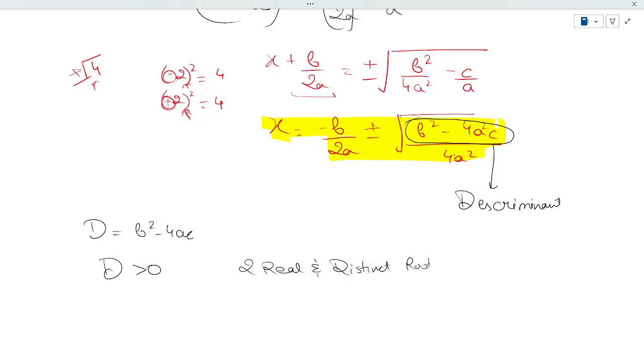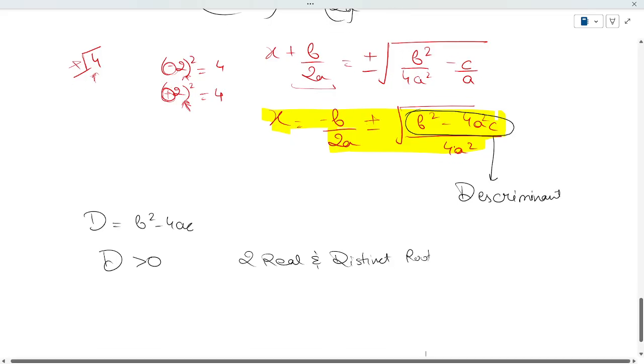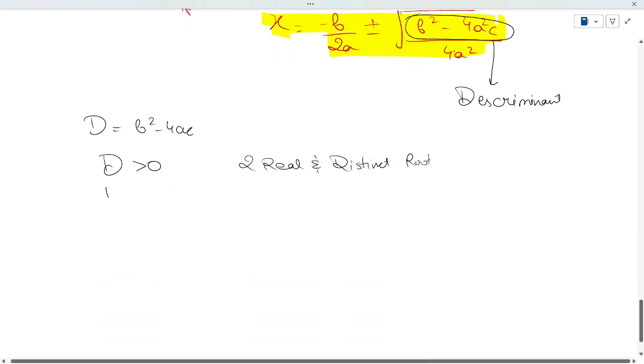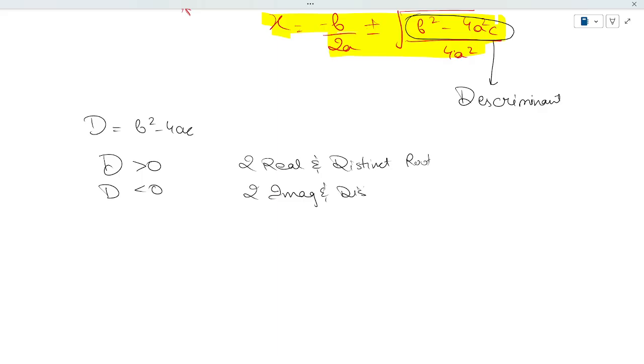And if your D is less than 0, you get two imaginary and distinct roots. If your D is equal to 0, you get one real and equal root.